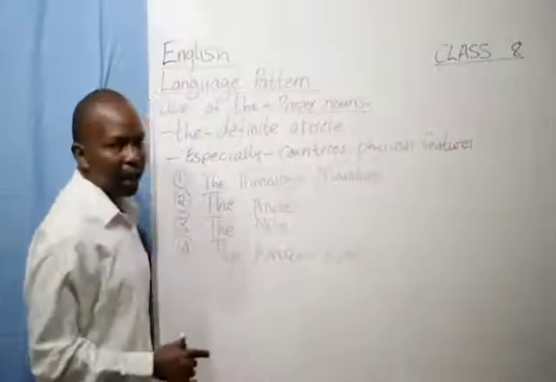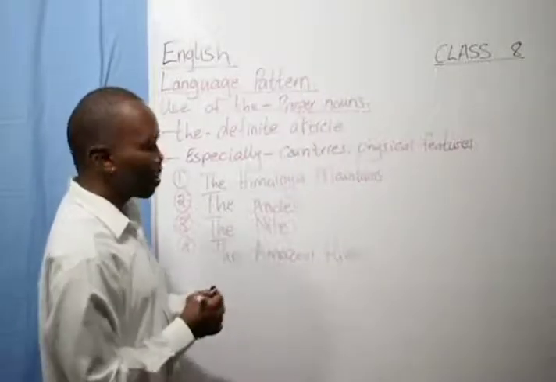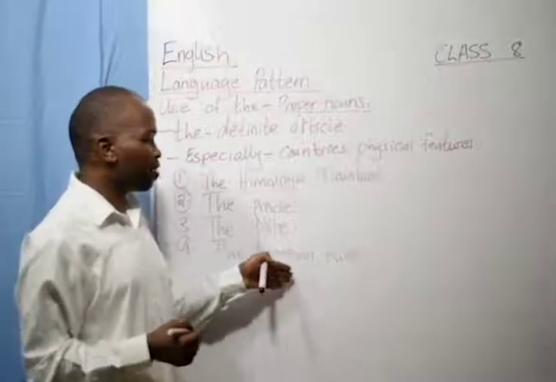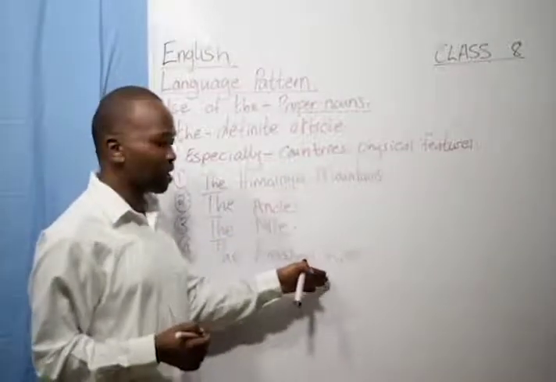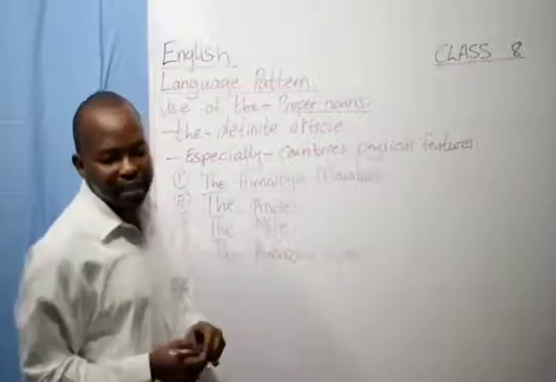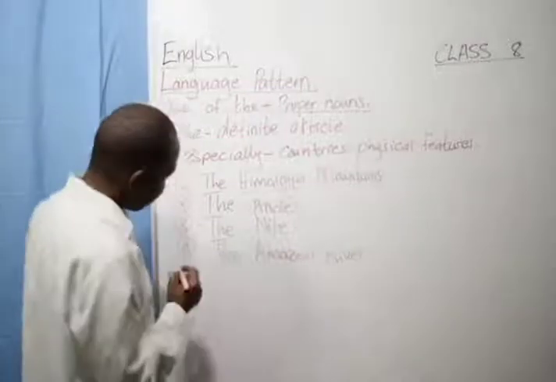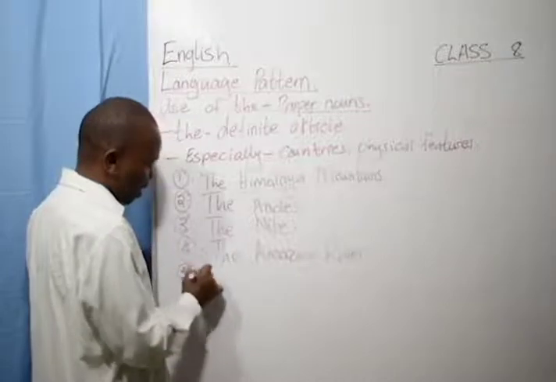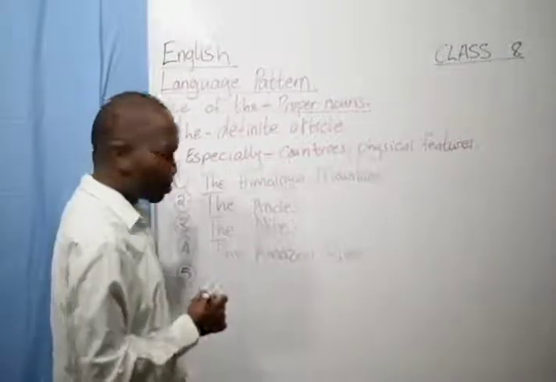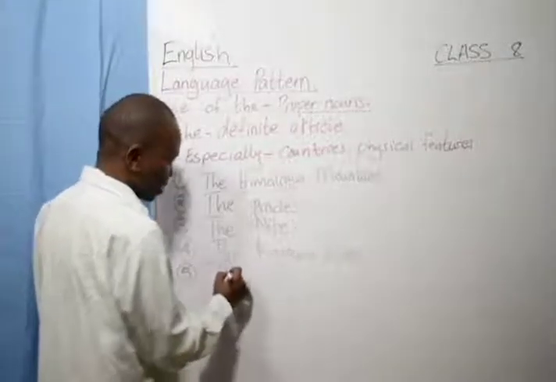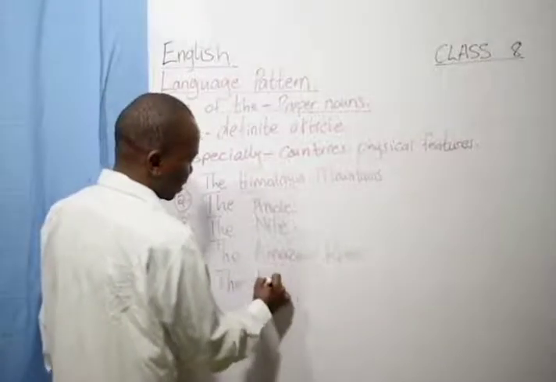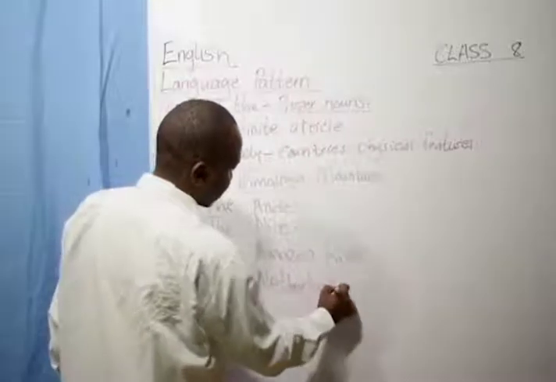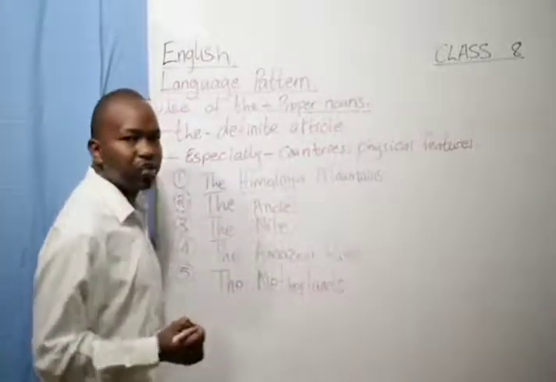If you are a keen reader of your geography, your social studies, reading your maps and atlases, you must know where these are. Now, other nouns that will go with article "the" will include the countries. The Netherlands, yes, that is the country.